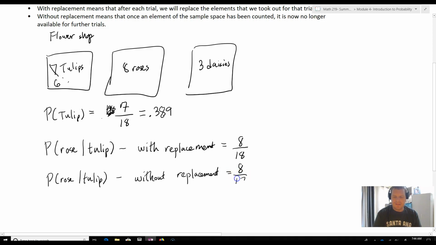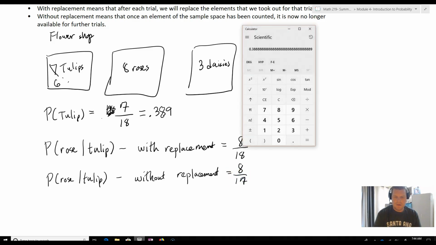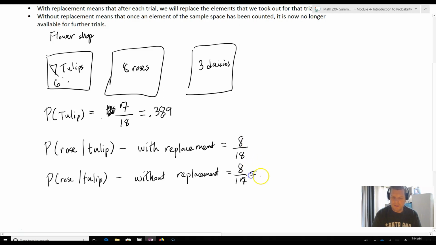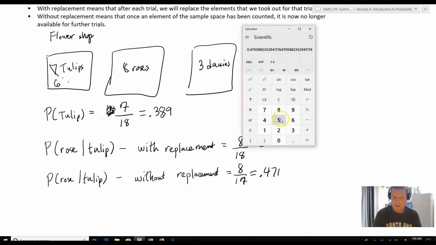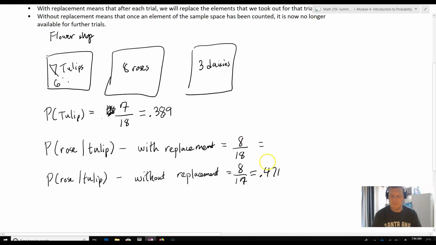So it's now 8 out of 17, which is 0.471. 8 out of 18, though, is 0.444. So whether we choose with replacement or without replacement actually changes the probability.